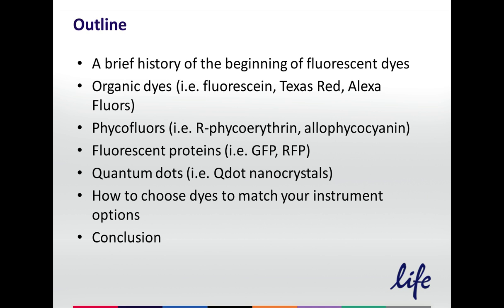Then I'll talk about the strengths, weaknesses and characteristics of each of those 4 classes: organic dyes, phycofluors like phycoerythrin, fluorescent proteins like GFP and RFP, and quantum dots, which a lot of people don't know about because they're fairly new. And finally, at the end, I'll say a few words about choosing your fluorescent reagents and matching them to your instruments.